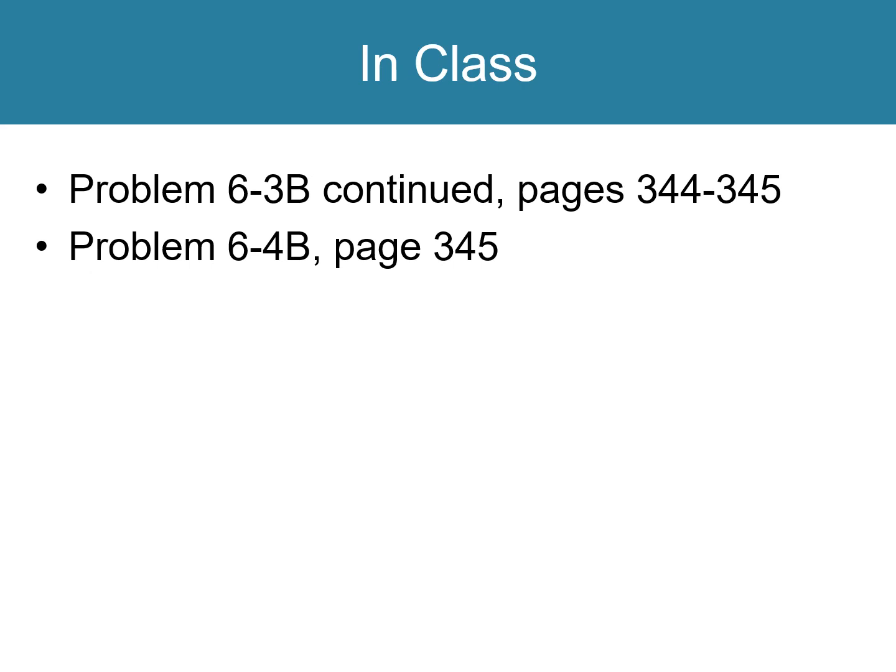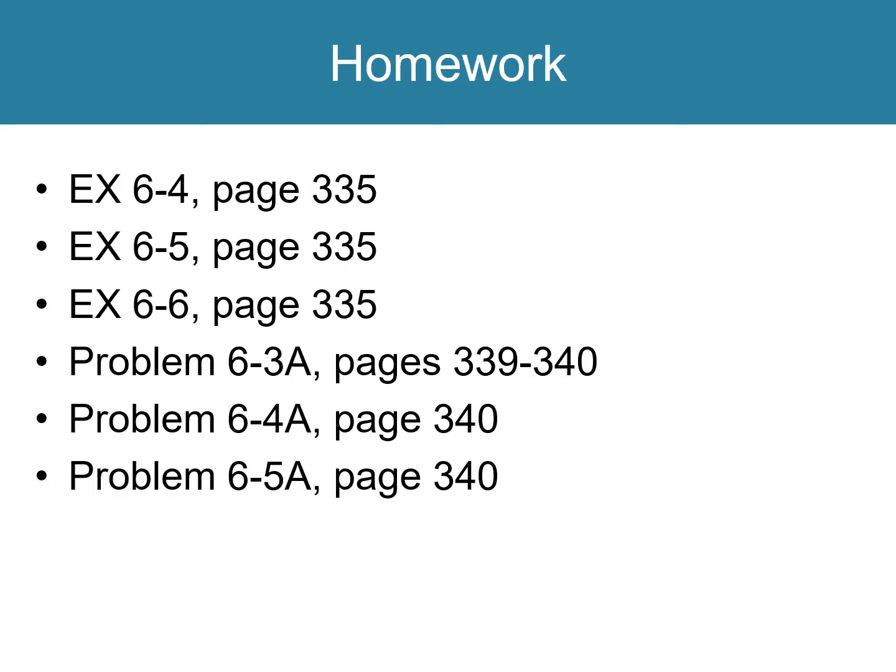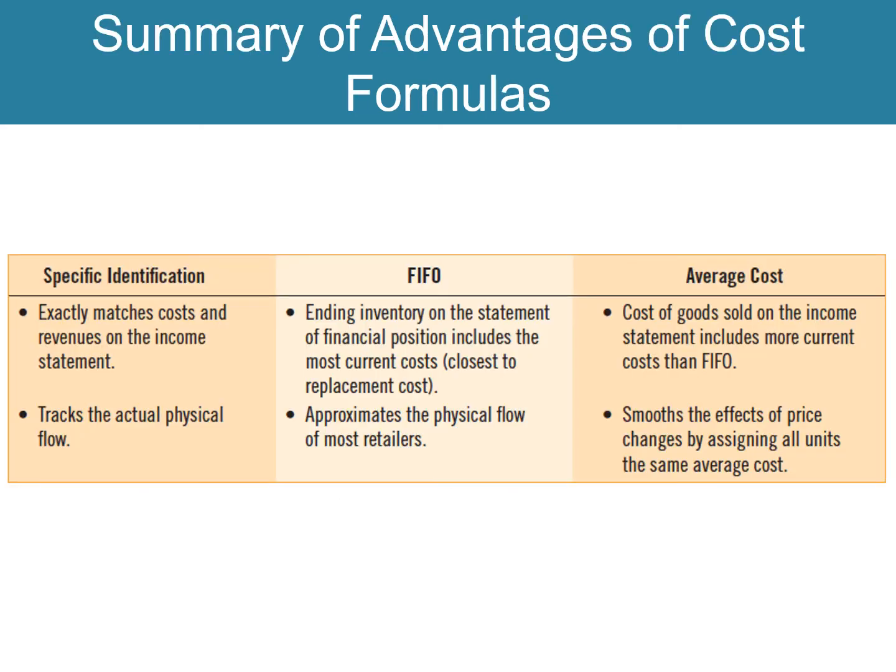We'll continue to do our in-class exercises, problem 6-3B, pages 344 to 345, and problem 6-4B, page 345. Here we have a summary of the advantages of the cost formulas. So we're differentiating between specific identification, FIFO, and average cost.